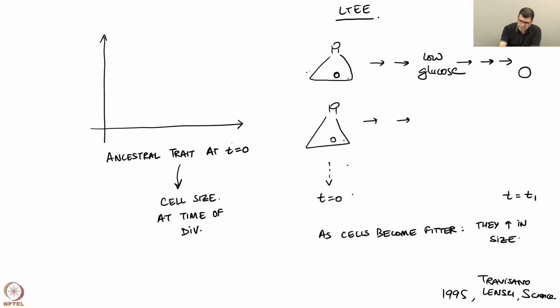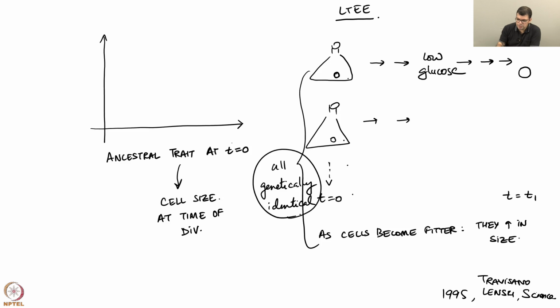But because at t equal to 0 all of them are genetically identical, the trait value in all these 12 flasks is exactly the same because it is the same genotype. Hence, the ancestral trait value, so this is cell size, let us say this is size 0.